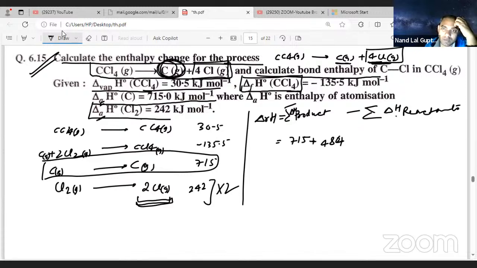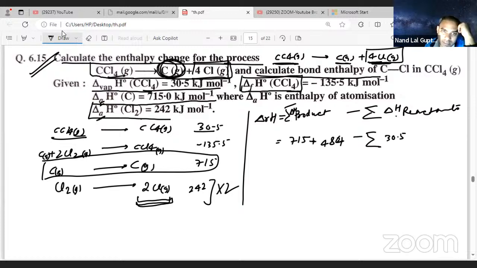So this is the product minus summation of reactants. The reactant has two states, firstly liquid and then gas. Gas is okay, but liquid we also need to use. So here is CCl4 liquid to gas, 30.5.